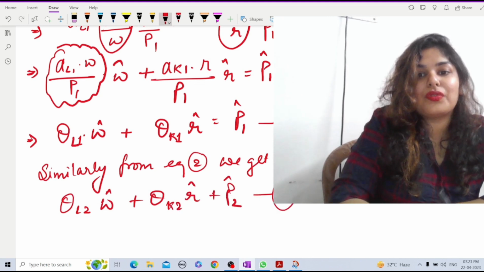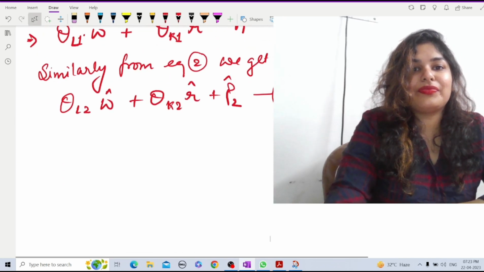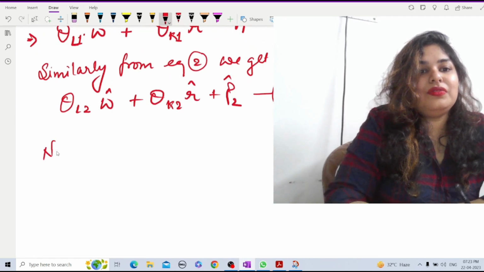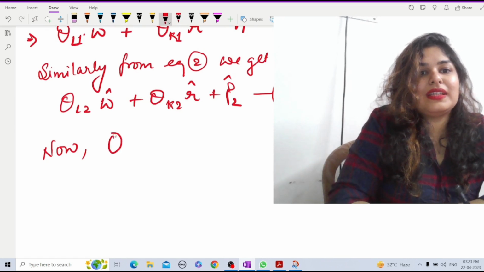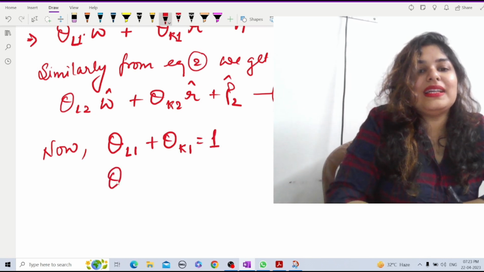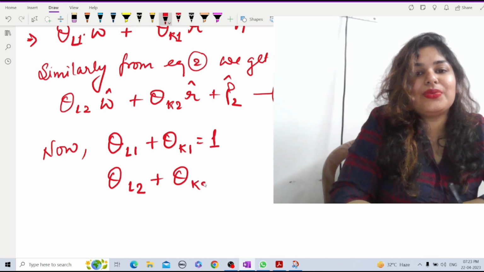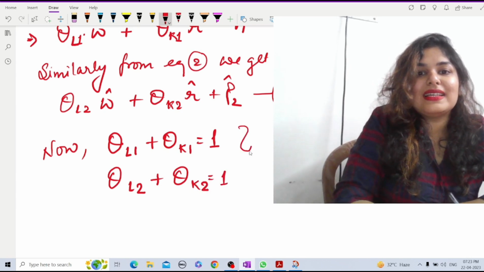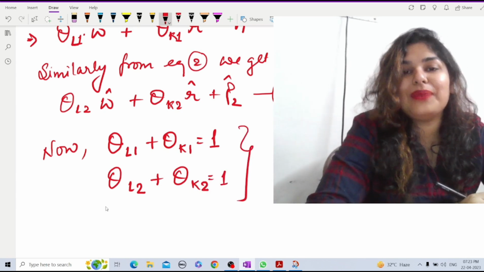This is 4. Now theta L1 plus theta K1 is equal to 1. Similarly, theta L2 plus theta K2 is equal to 1. This is the total share of labor and capital.